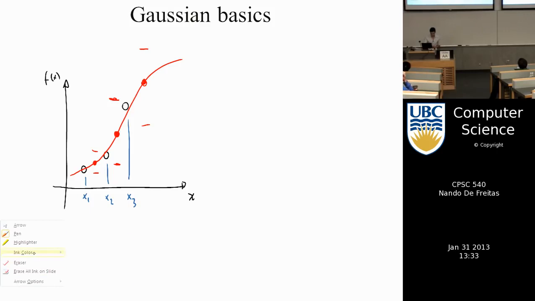I also have a function that gives me these confidence intervals. If I connect the confidence intervals, let's use purple, if I connect these confidence intervals, I will get something that will look like this.